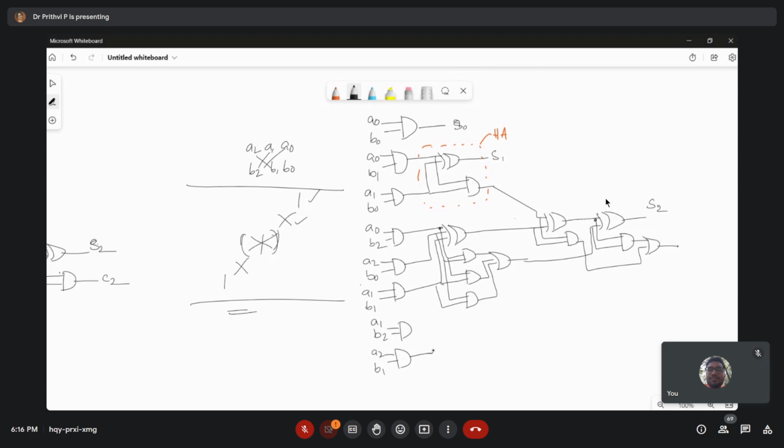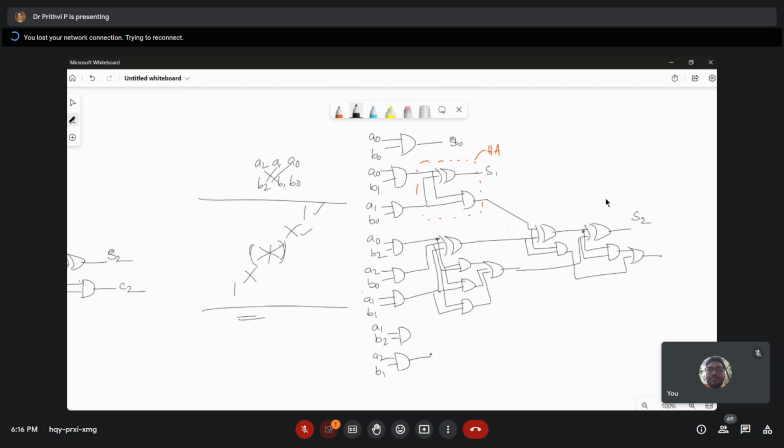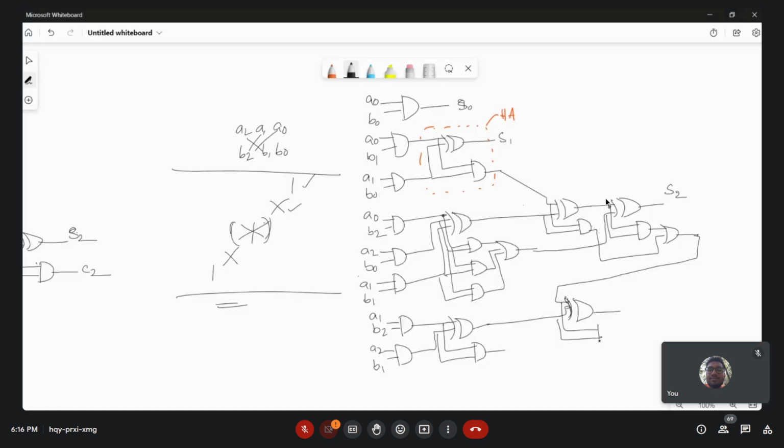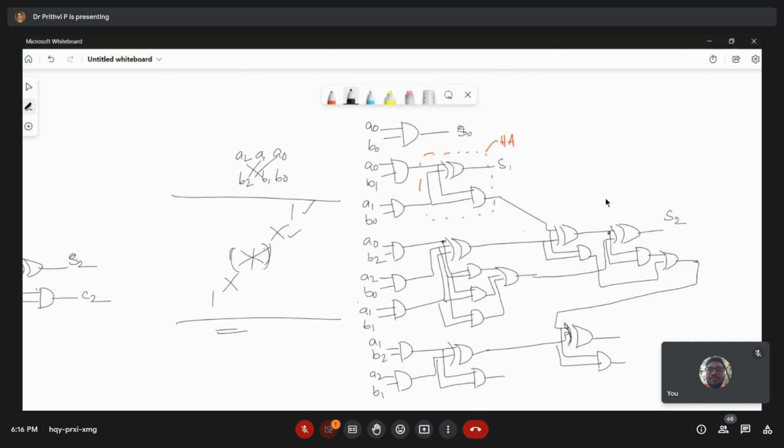This output is taken back into another half adder, and this will be the carry from that stage.